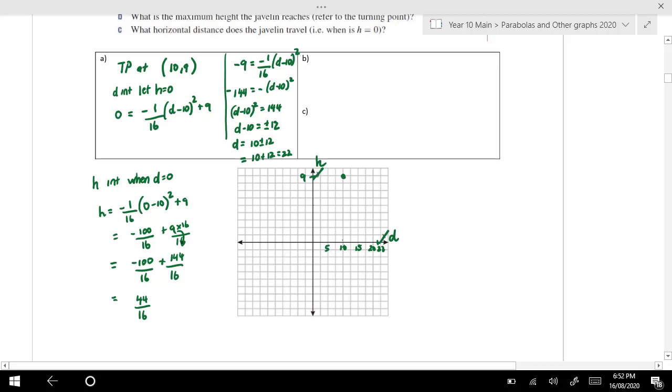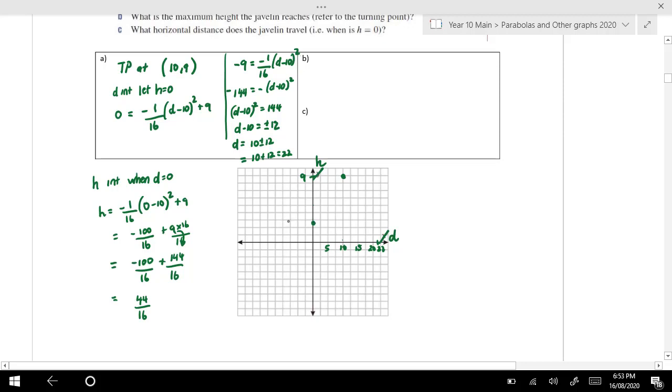Then I can add those two together. Negative 100 plus 144 is 44, so 44 over 16. If you think 48 would be 3 and 32 would be 2, it's going to be somewhere between 2 and 3 and closer to 3. So there you go.